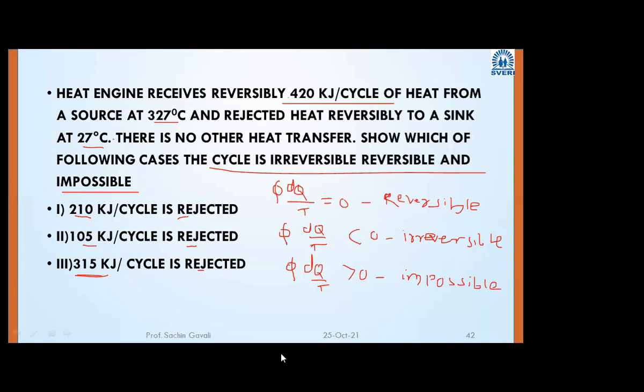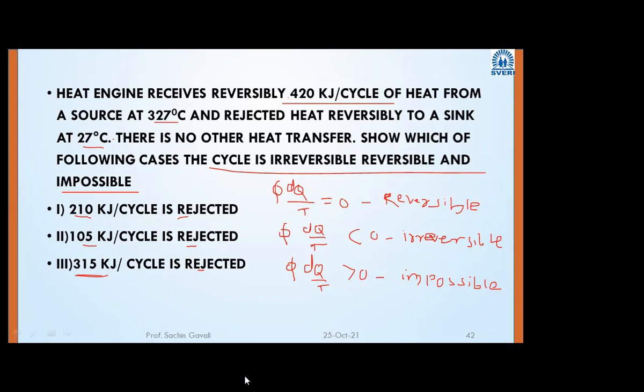Show which of the following cases is irreversible, reversible, and impossible. The first case is 220 kilojoule per cycle rejected, the second is 105 kilojoule per cycle rejected, and the third case is 315 kilojoule per cycle rejected. Can you solve? Last time I think we took a similar example.